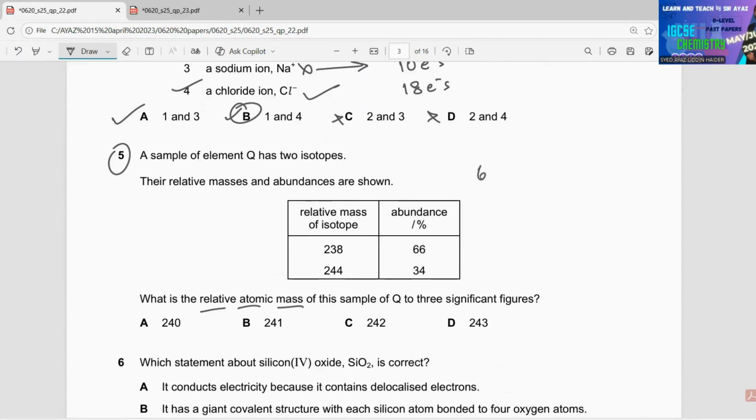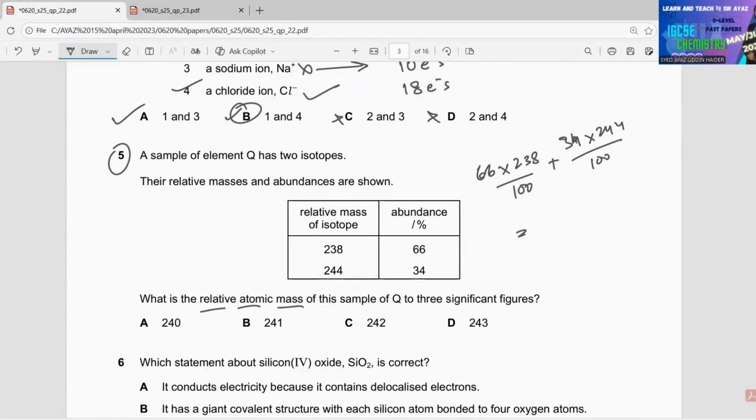So 66 multiplied by 238 divided by 100 plus 34 multiplied by 244 divided by 100. What will you get?